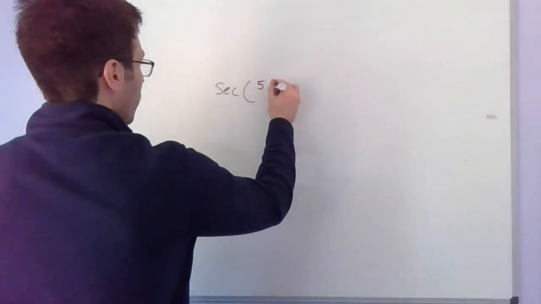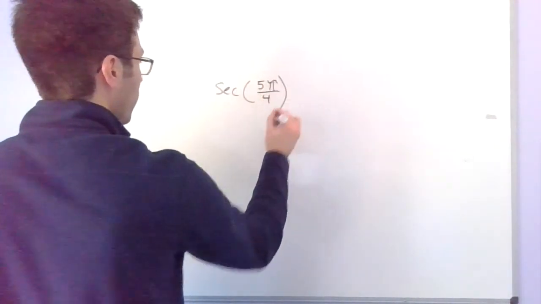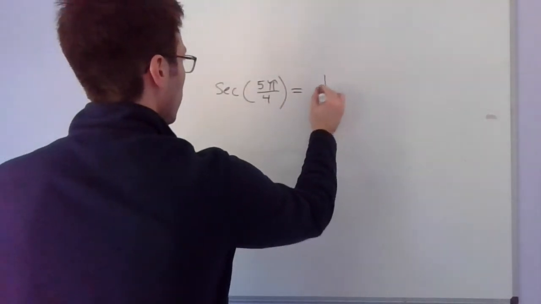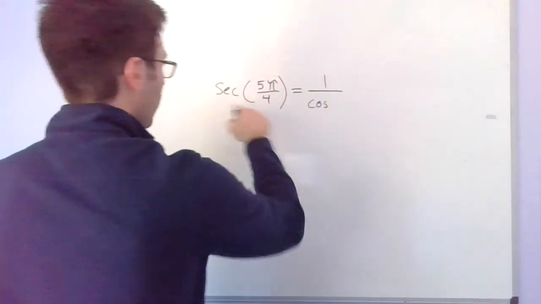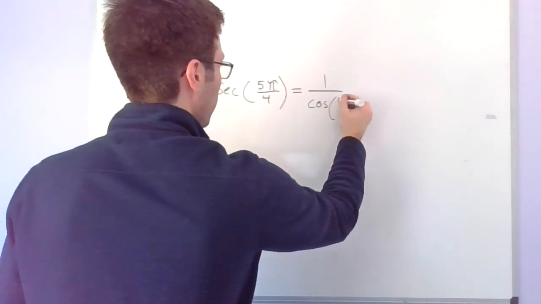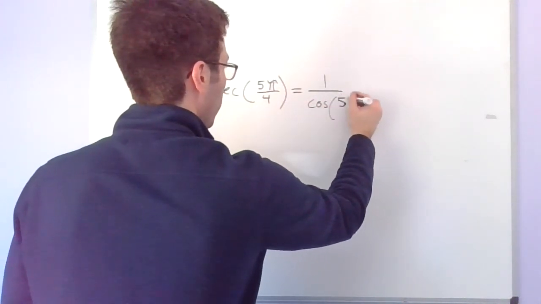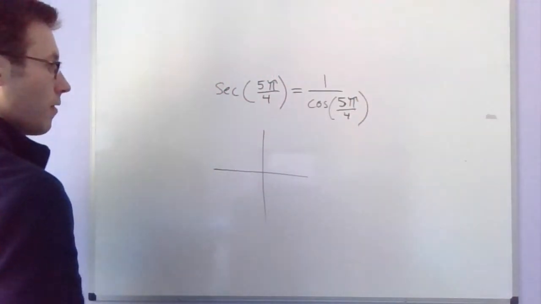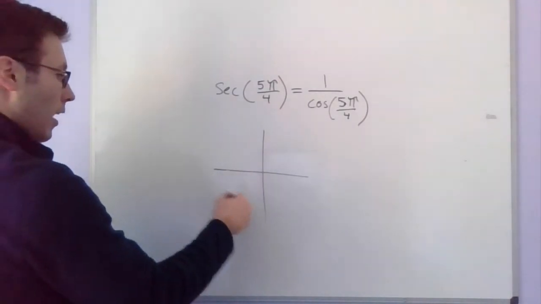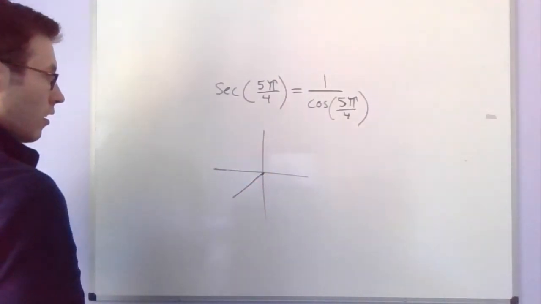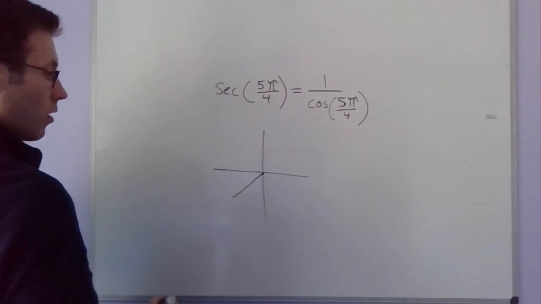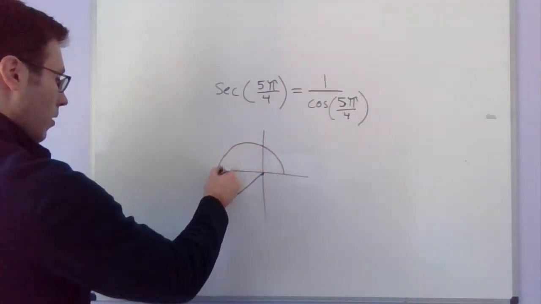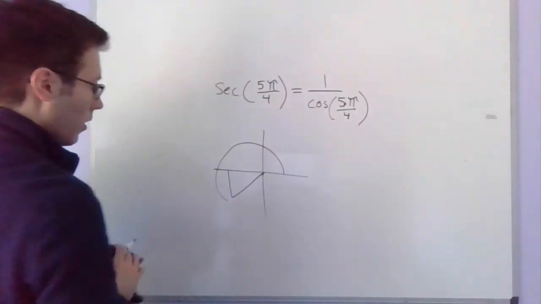The secant term goes with my cosine, because the s goes with the c. So it's going to be 1 over cosine of 5 pi over 4. 5 pi over 4 is a little more than pi, so it's right up here. We're going all the way around to 5 pi over 4, here.